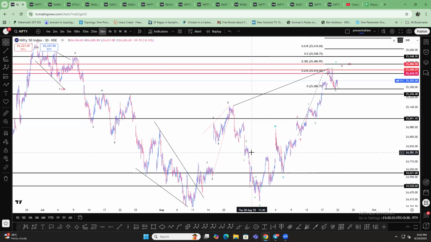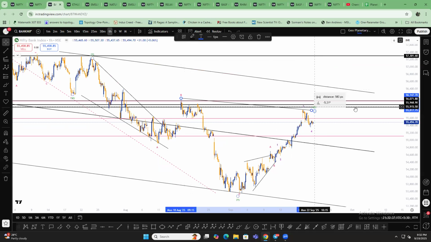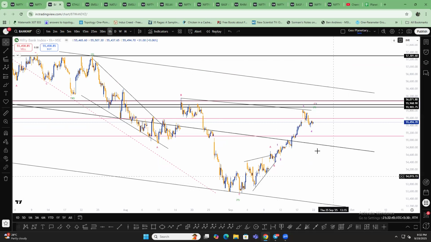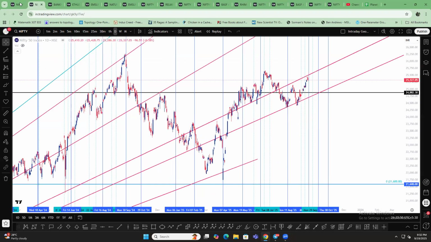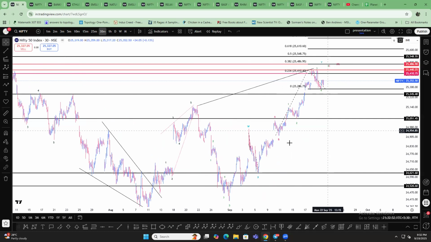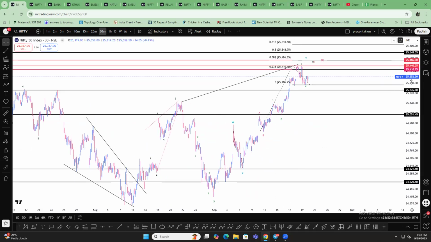So Nifty may fall to align with the lower high structure of Bank Nifty, right? And push Bank Nifty for the next low. So this can happen.